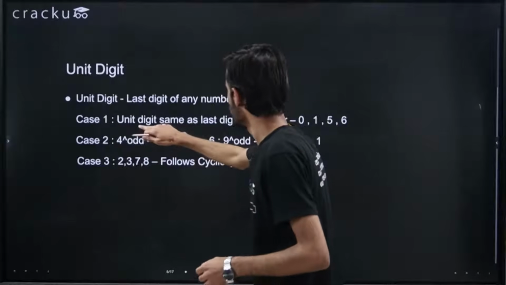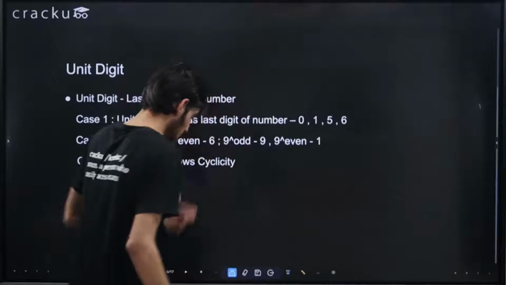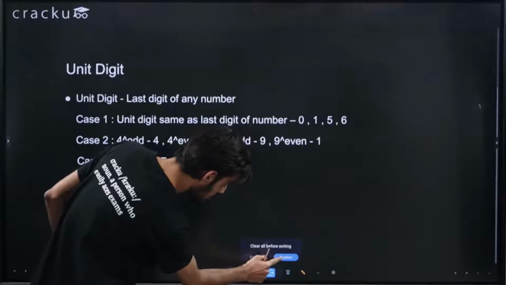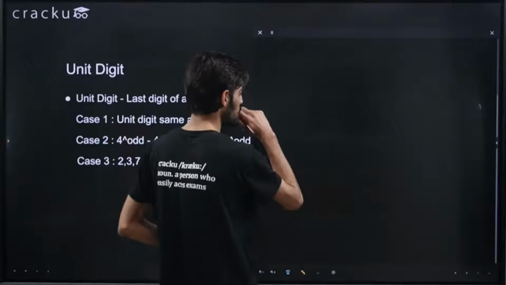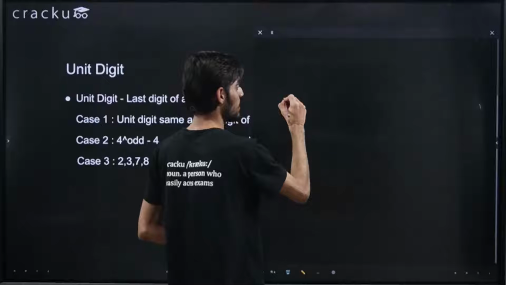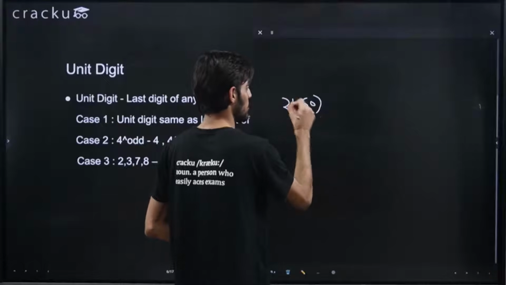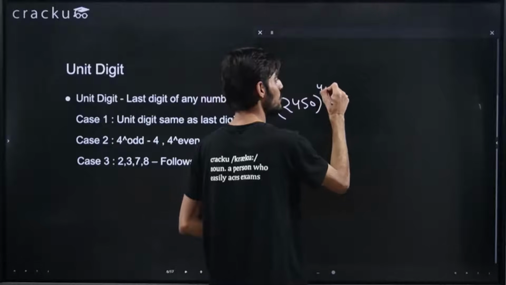So if the unit digit is 0, 1, 5 or 6, for example, let's say I have the number 2450 raised to the power 491.